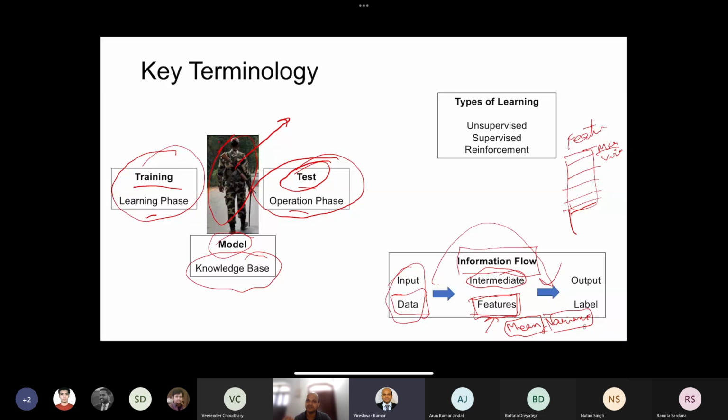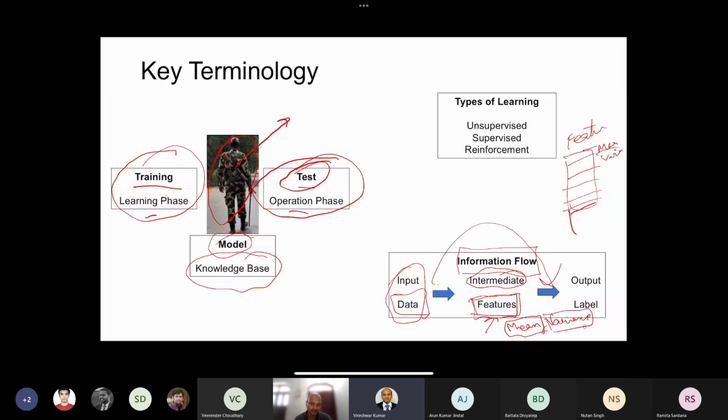In that case, you could think of the set of features to be equivalent to each pixel in the image. So what I'm trying to highlight is that the set of features could be just one or two features like mean and variance, or it could be as large as possible.